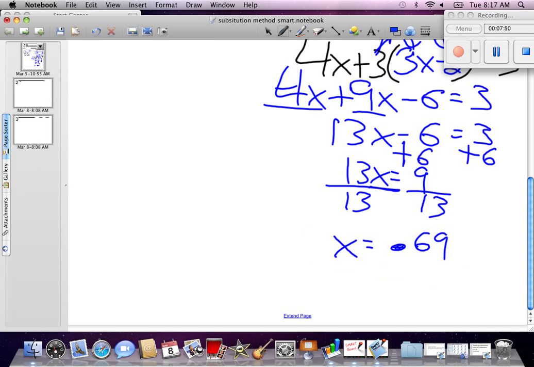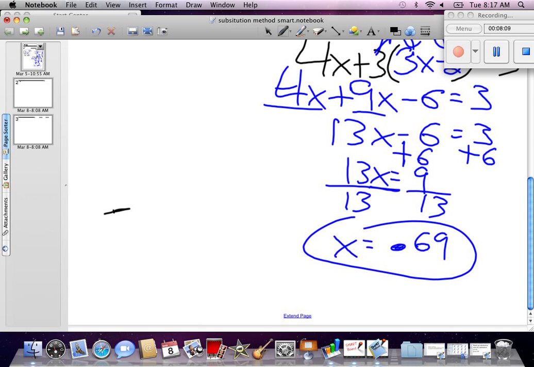Okay. So we've got x. Are we finished? What do we got to find? Y. So I'm going to go back up to the top and do what, Shannon? Which equation do you want to plug this into? The second one. Okay.